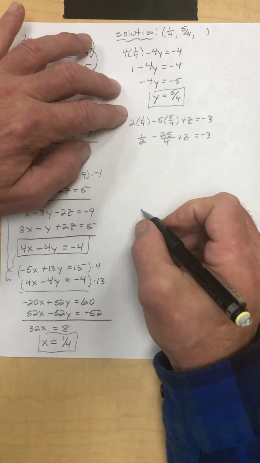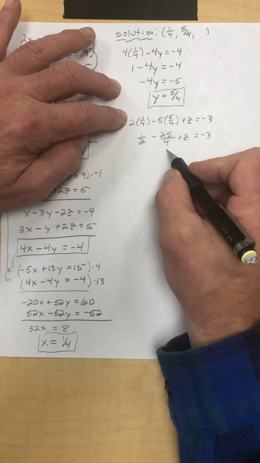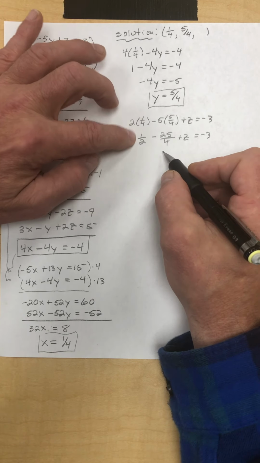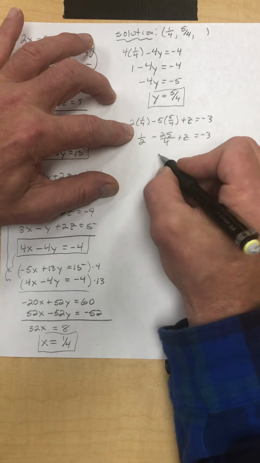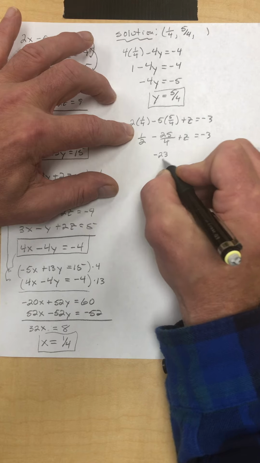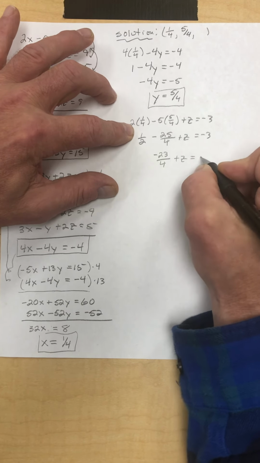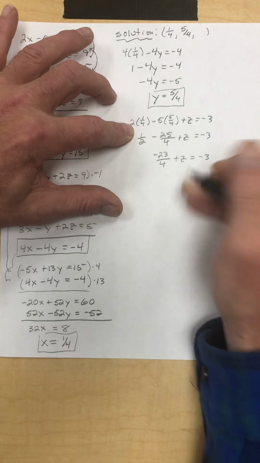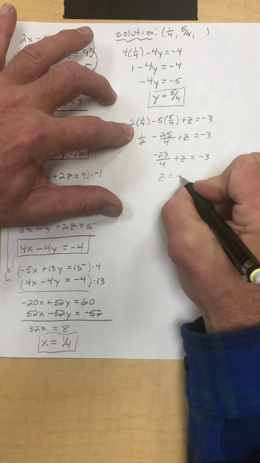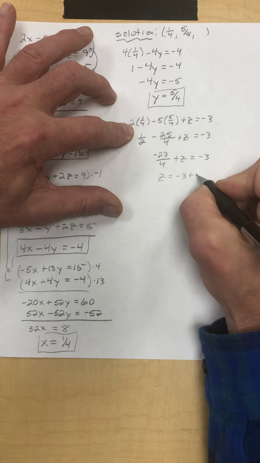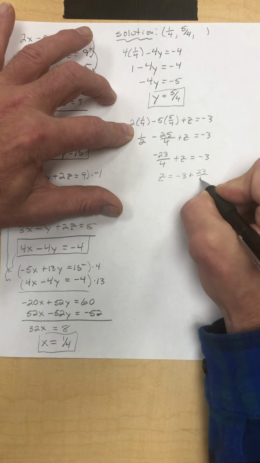And then 1/2 minus 25/4, that'd be 2/4 minus 25/4, which is negative 23/4, right, plus z equals negative 3. So z is going to be negative 3 plus 23/4.